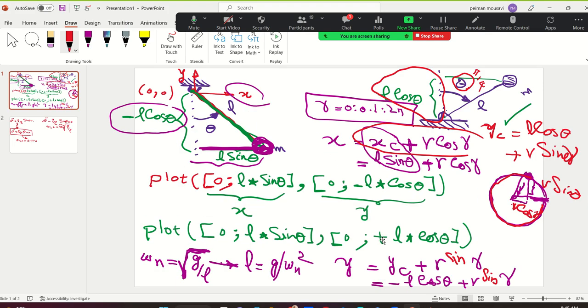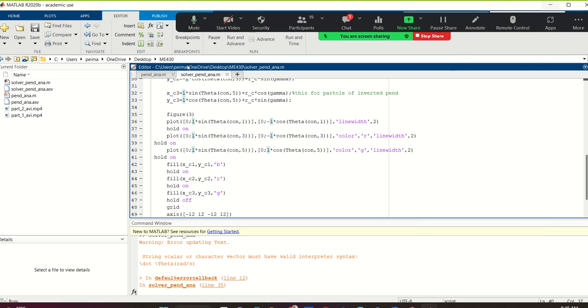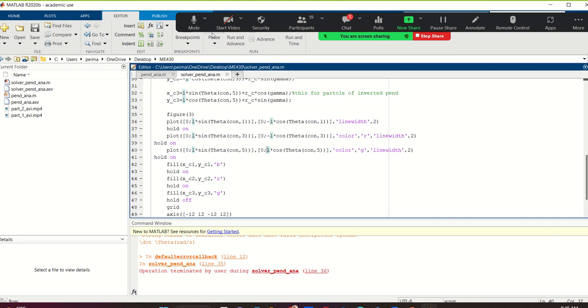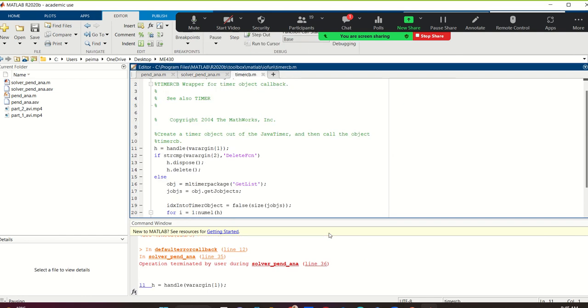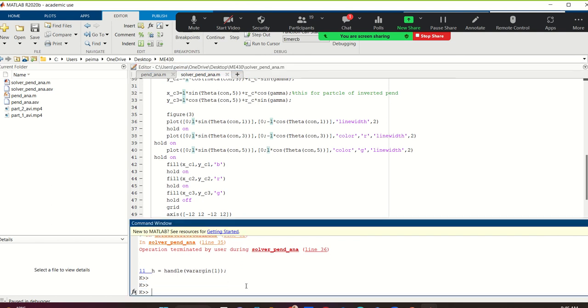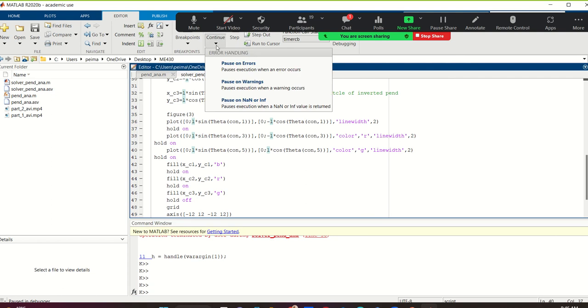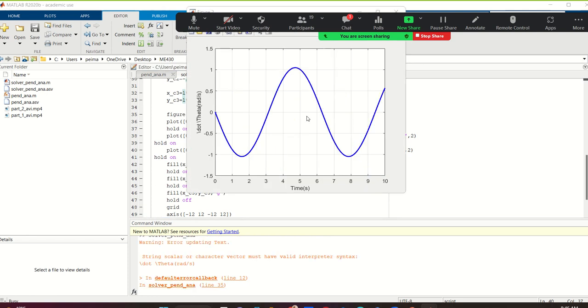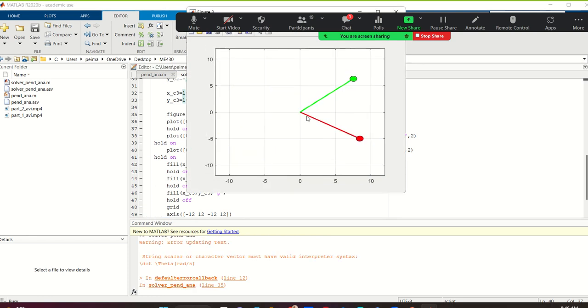Here it's positive, see? Positive for the inverted pendulum. So if I do that and run it, what happens? Oh, okay, sorry. Here we go.